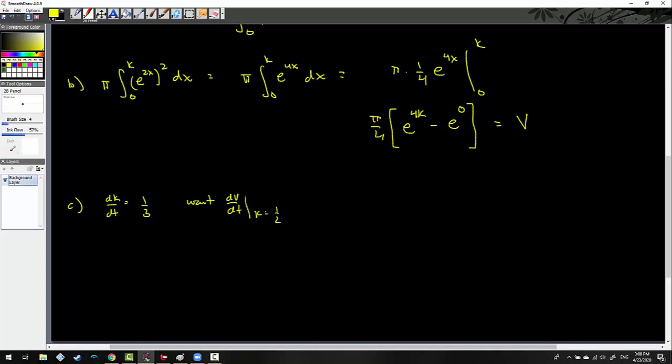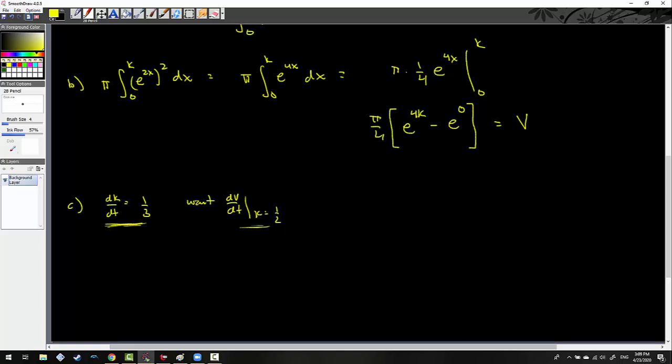Well, this is a classic related rate problem. And so when it comes to related rates, it's always the same pattern. They give you the rate that they give you, and then they want the rate that they want from you. And your job is to find a relationship that relates all these things together.